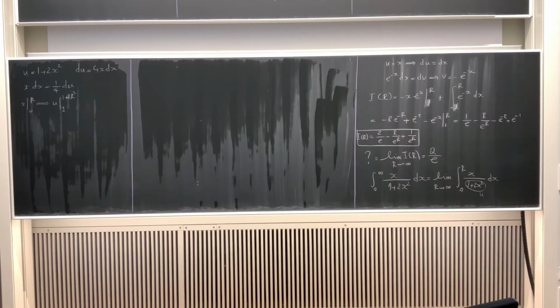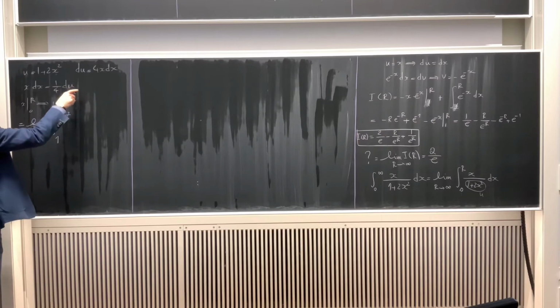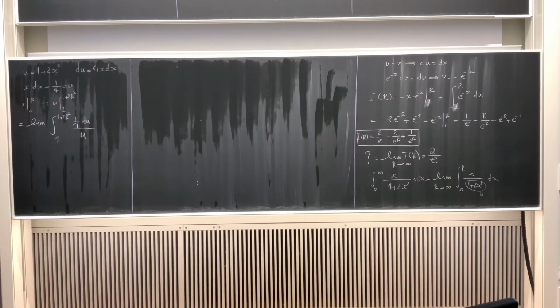So that integral becomes the limit of the integral from 1 to 1 plus 2r squared, with 1/4 du in the numerator and u in the denominator, as r goes to infinity.